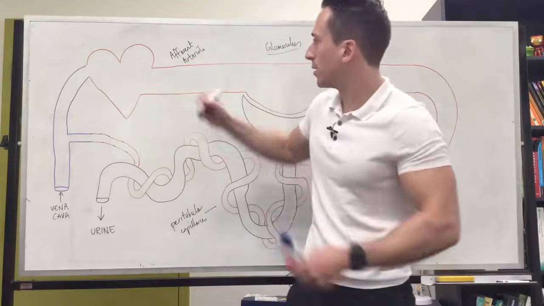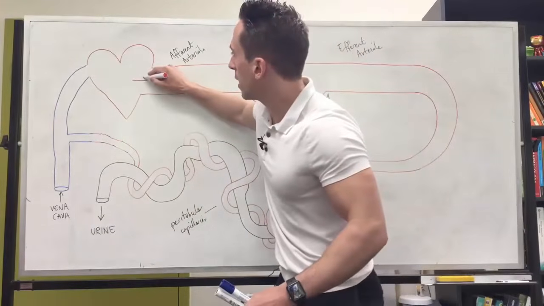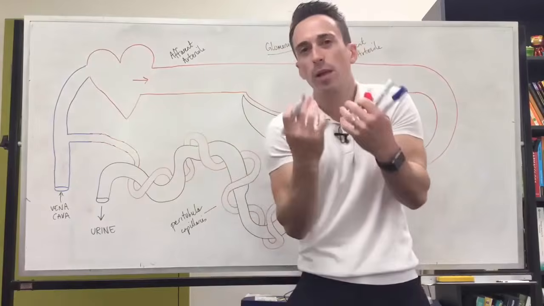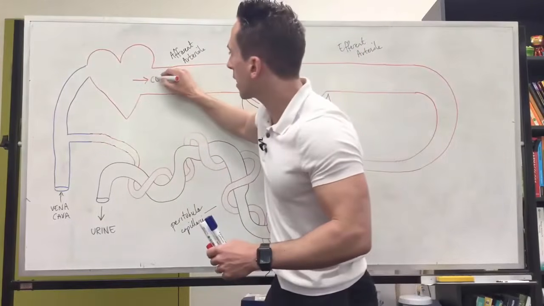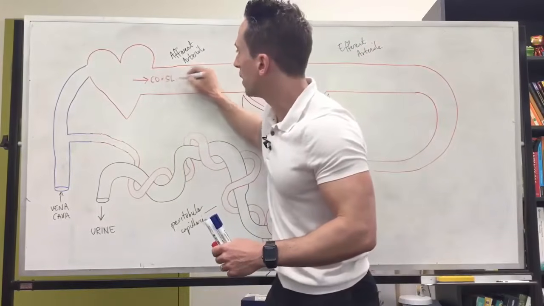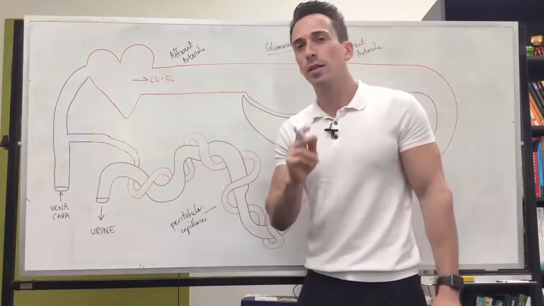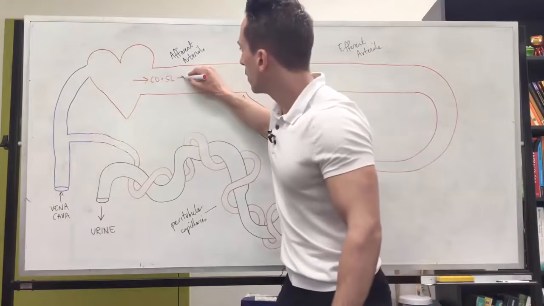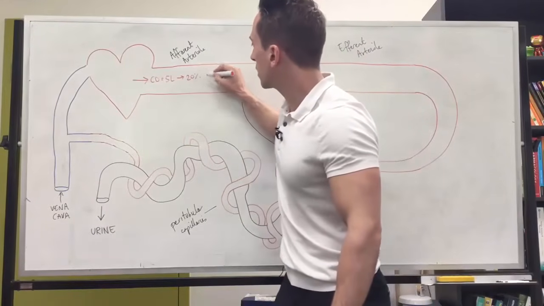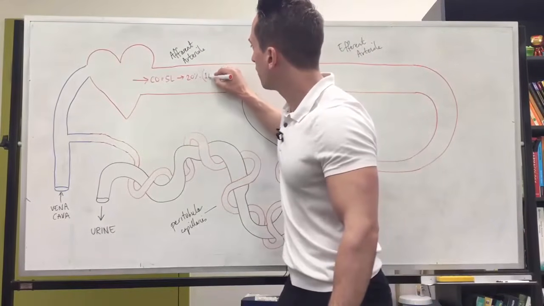Coming from the heart, every minute, the cardiac output, so the amount of blood our heart pumps out per minute, is 5 litres. Now, of that 5 litres, 20% is going to the kidneys. So that's 1 litre.